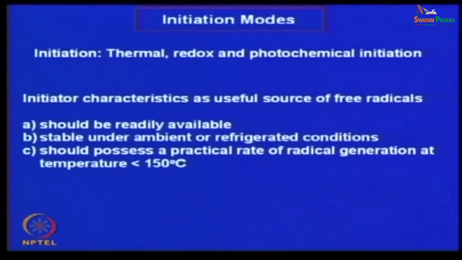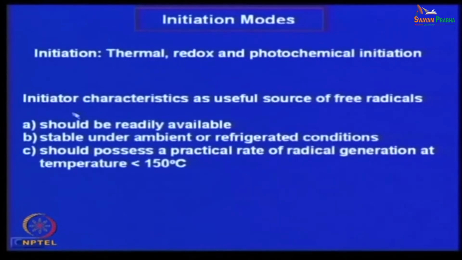Okay. So, thermal initiation is possible, photochemical initiation is possible. If a monomer is exposed to electromagnetic radiation, the energy should be sufficient to break that olefinic double bond, which may be in the form of heat, chemical energy, or electromagnetic radiation.